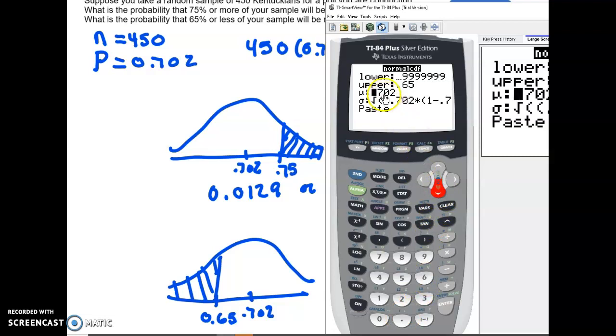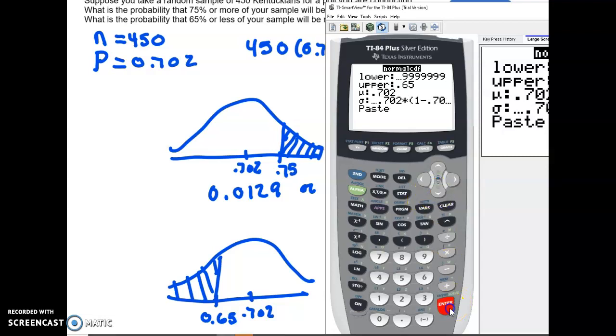Mu in this case is still the same. The standard deviation is still going to be 0.702 times 1 minus 0.702 divided by 450, all under the square root. Did I miss a zero in there? No. Okay, I'm good.